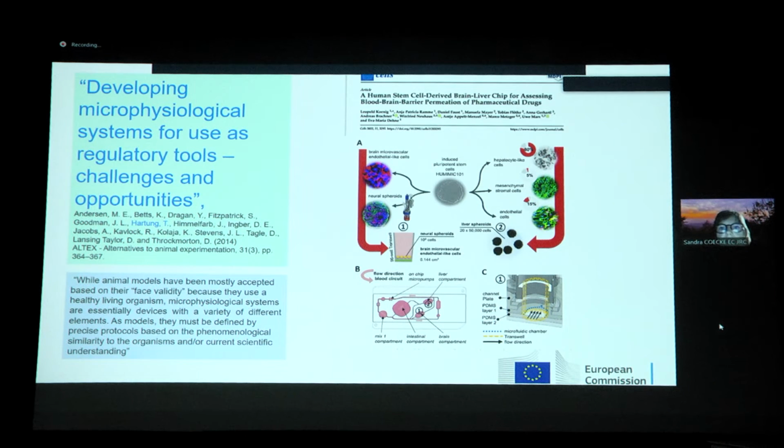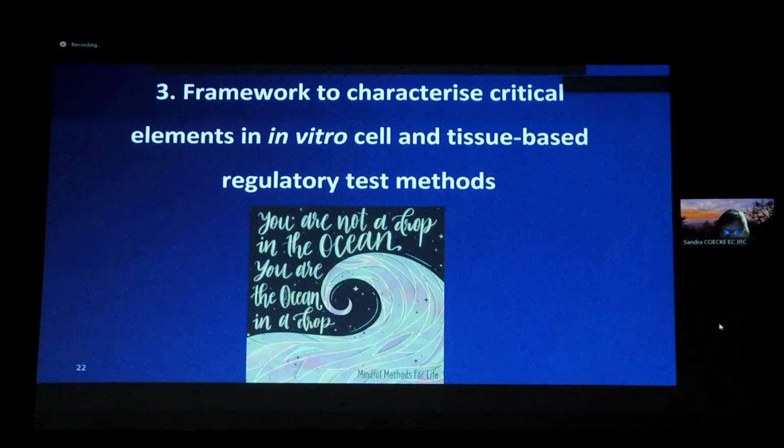As you can see, stem cells, stem cell derived brain and liver chips, looking at brain permeation, these are very recent publications. The field has been booming.